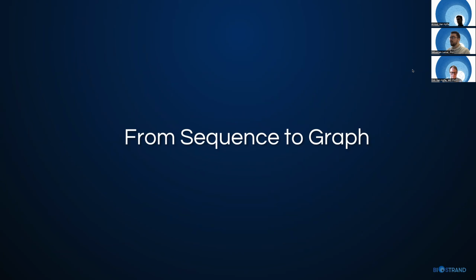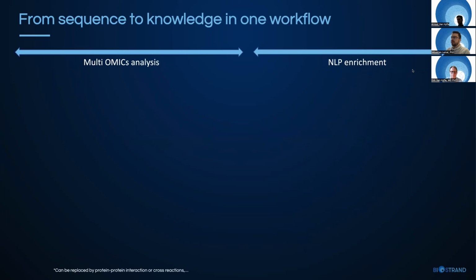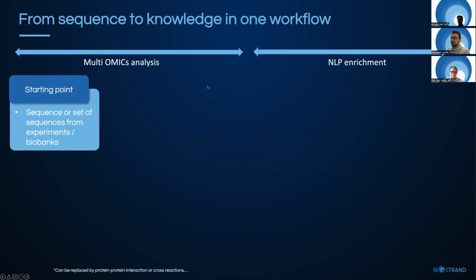There is also another thing that we have developed at BioStrand: how can we get from sequence information to graph. As I said previously, we have indexed the sequence metadata with the NLP technology. It basically means that at the multi-omic analysis level, we can have a set of sequences that you can extract from experiments or biobanks whatsoever.